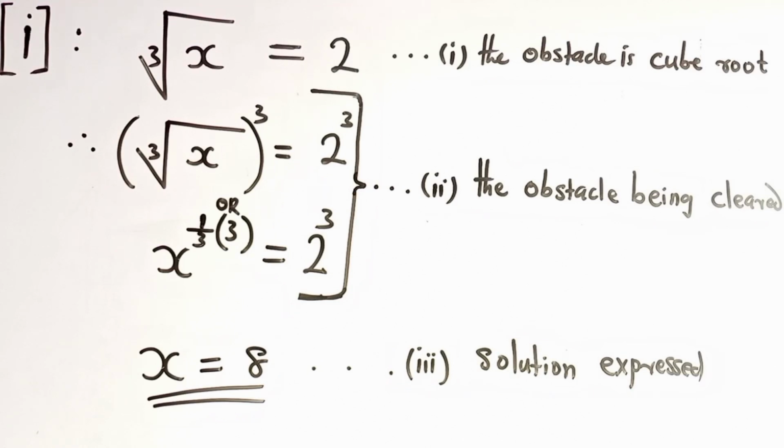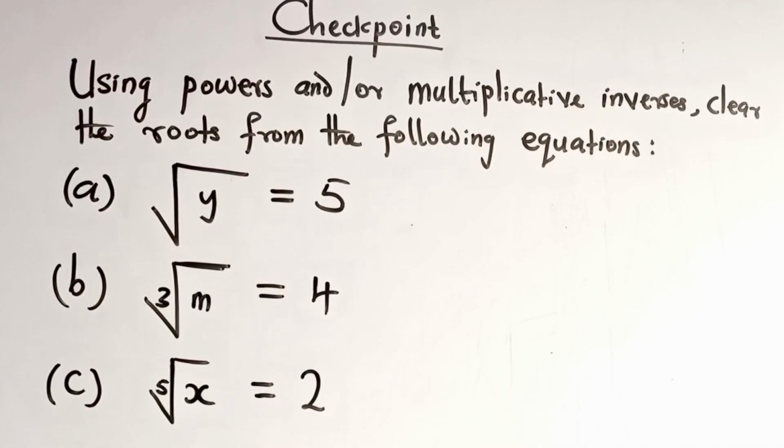Now look out for an exercise. It says using powers and or multiplicative inverses, clear the roots from the following equations. There are only 3 questions here. Number A, square root of y is equal to 5. B, the cube root of m is equal to 4.